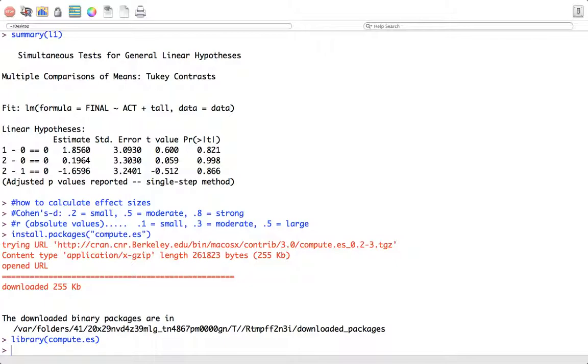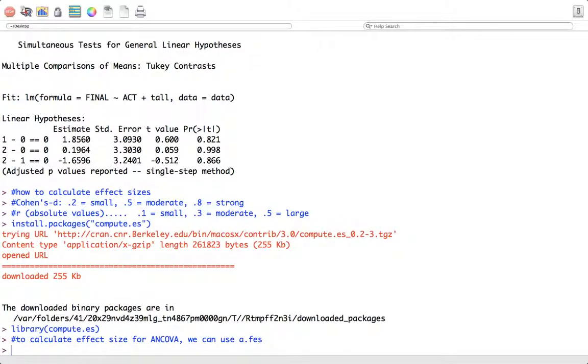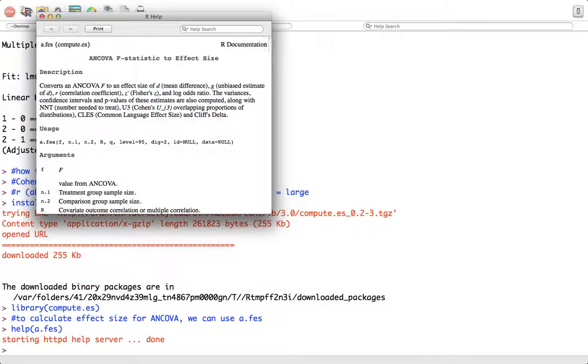There's a function to calculate effect size for ANCOVA. We can use what's called a.fes. And to be honest with you, I don't remember what a.fes is all about. So I'm going to type help. I remember there's a lot of things we have to put in, but I don't remember what they are.